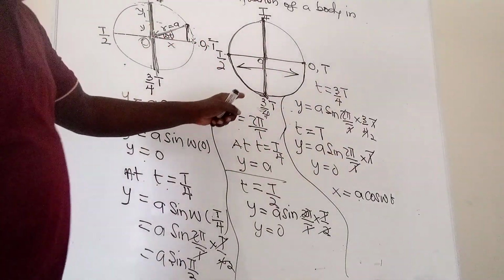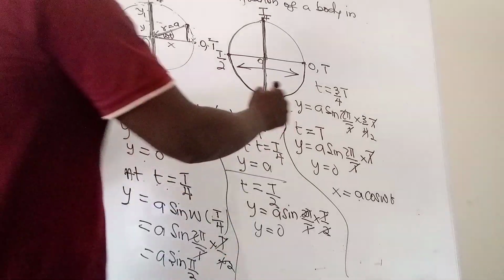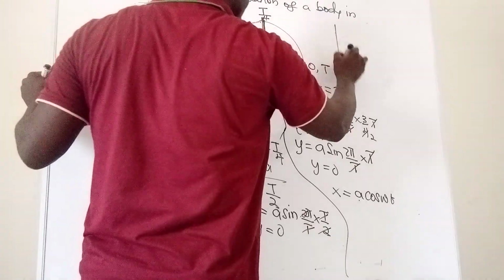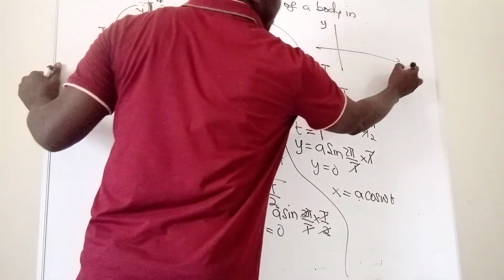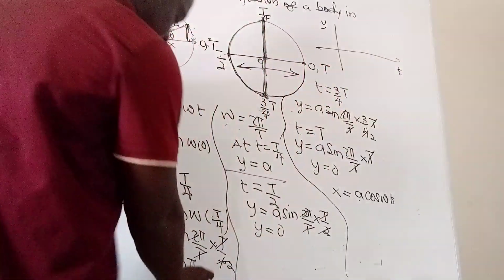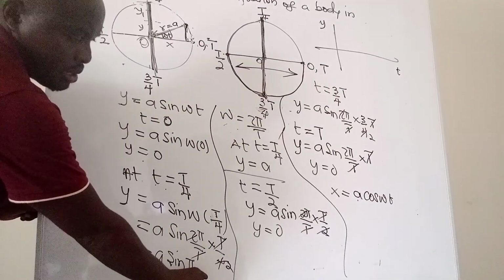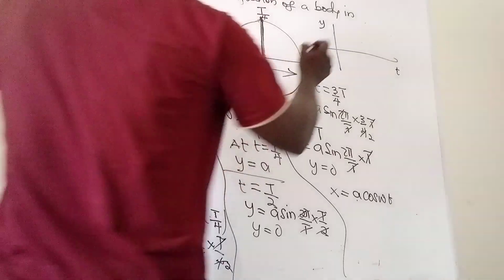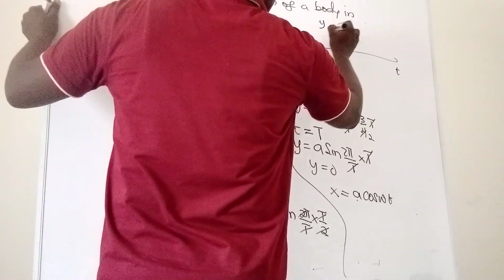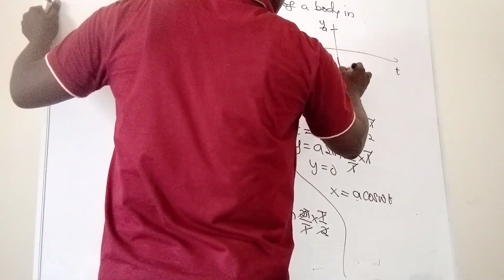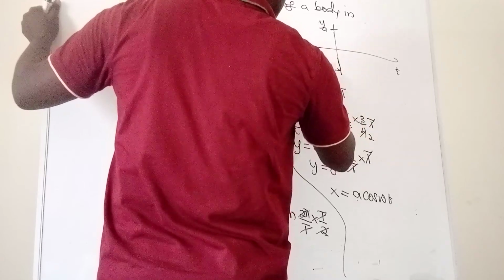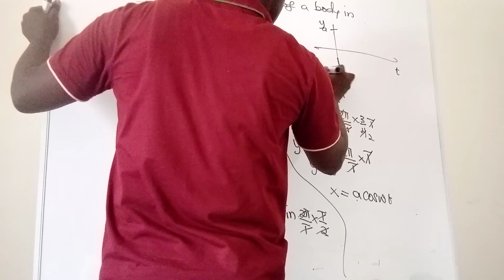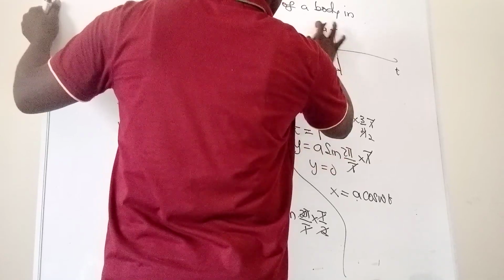So what it means is that if you are plotting this, the displacement function y on t, this is how it's going to look like. And I want you to spend time to follow this up with me. The amplitude, and then this is the other amplitude, minus.